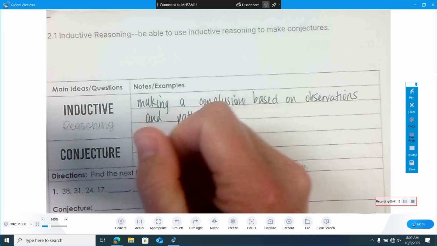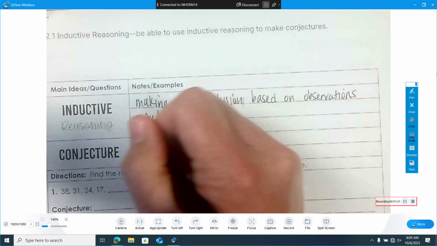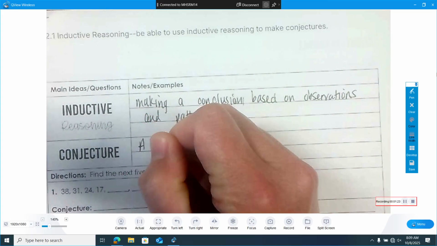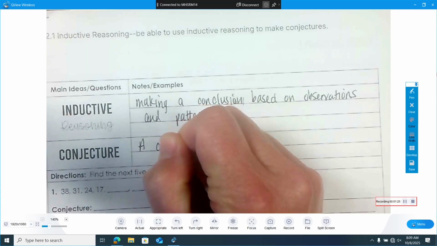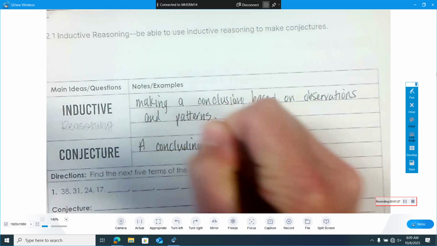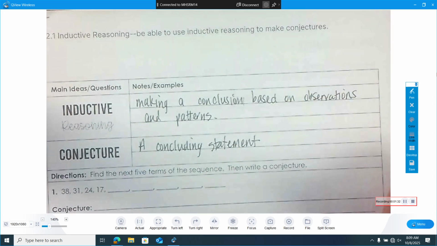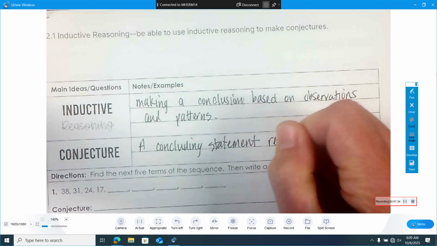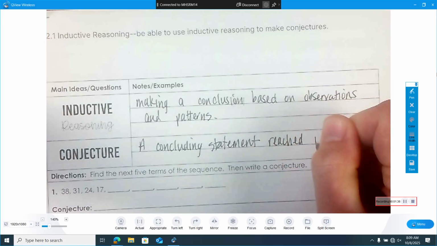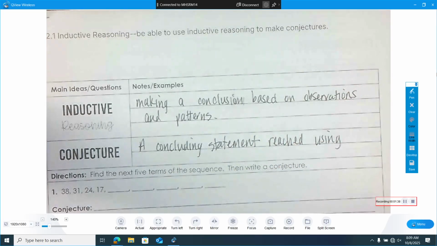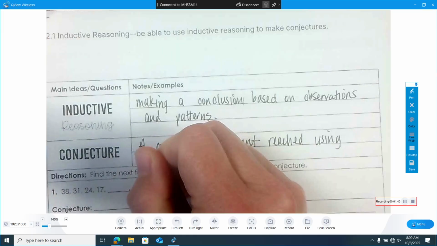A conjecture is kind of like a hypothesis. It's a concluding statement reached using inductive reasoning.